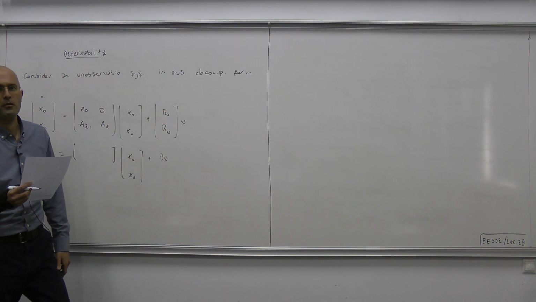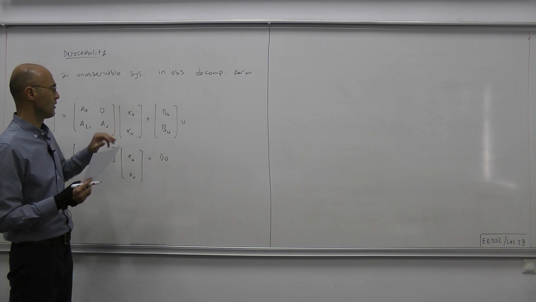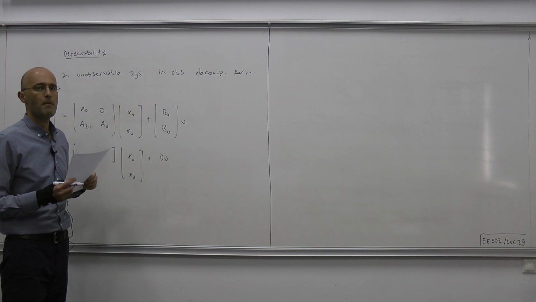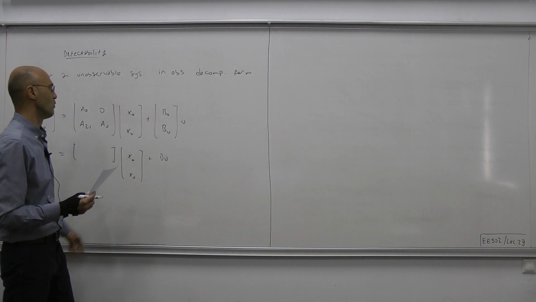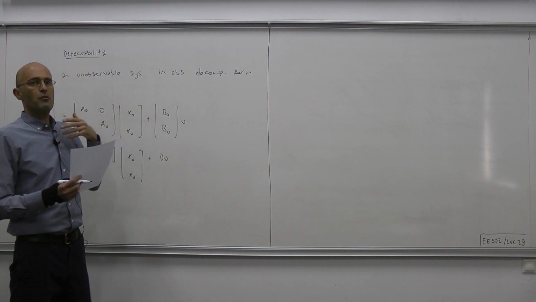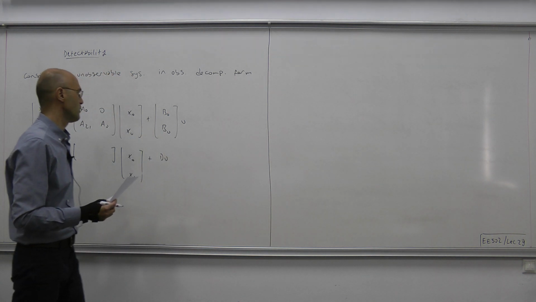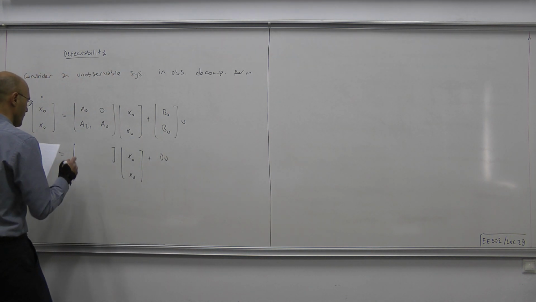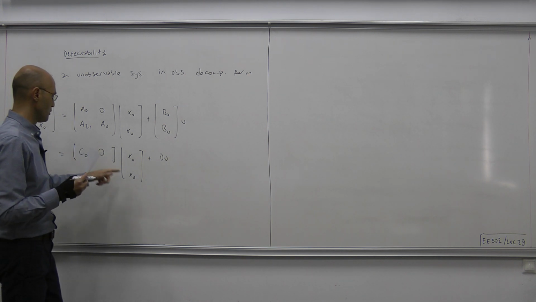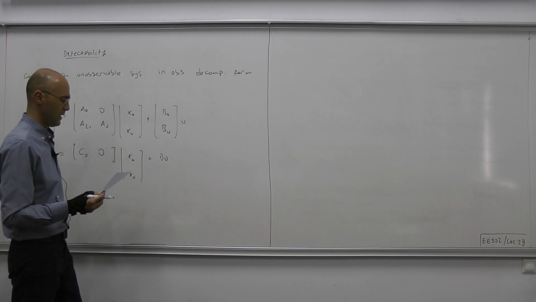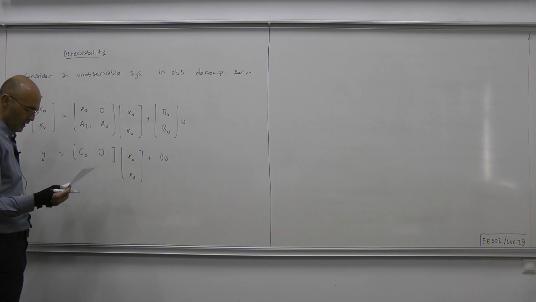The observable decomposition makes no claims on the controllable properties, so therefore we have a general B matrix without any particular structure. And as for the C matrix, we have Co here and 0 corresponding to the unobservable dynamics.